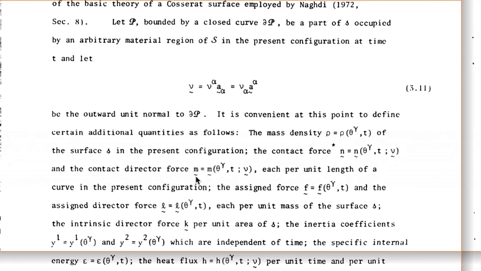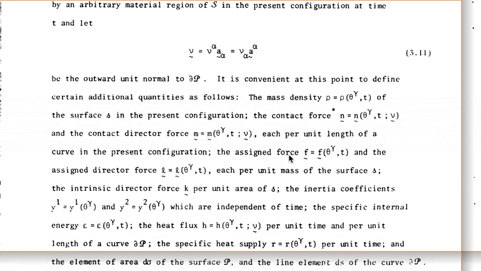Then there is one contact director force M also. So this we have seen in our J.C. formulation. We have both N and M appearing, okay, and they have similar connotations as given over here, and both of them are per unit length, okay.